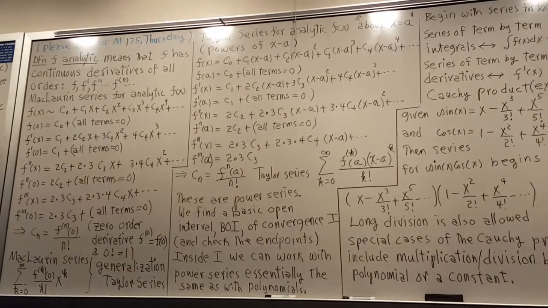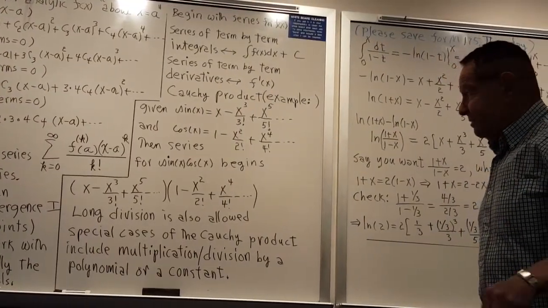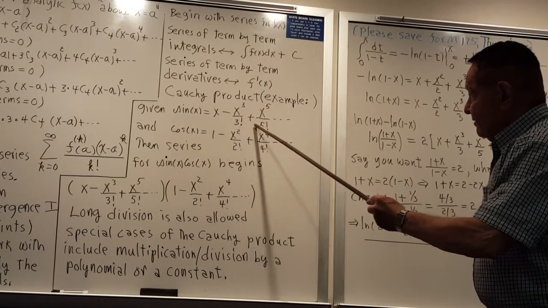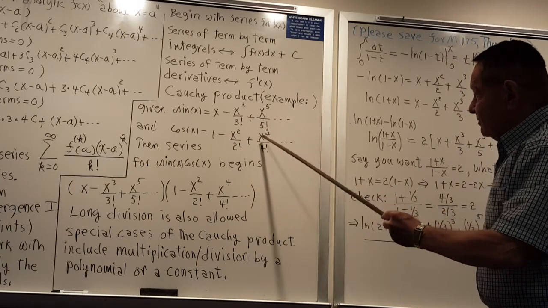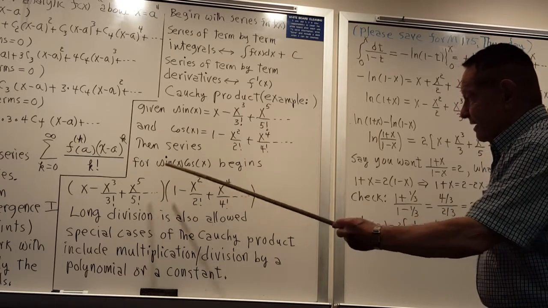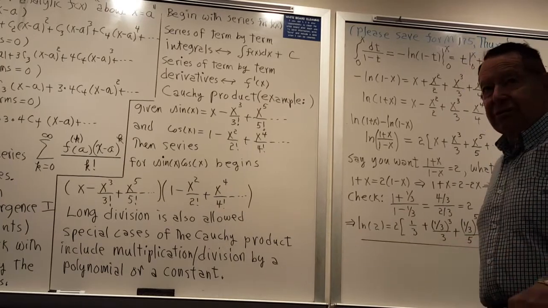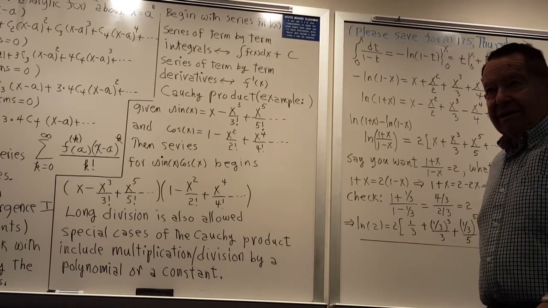However, you can also get that same result by simply taking a few terms of each of these as if they were polynomials and multiplying them together as you would polynomials.